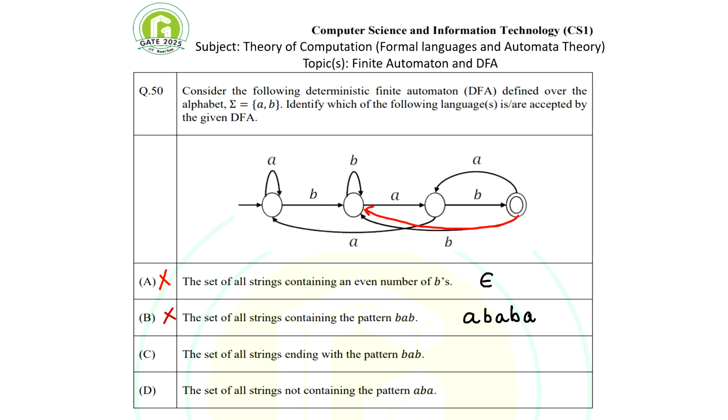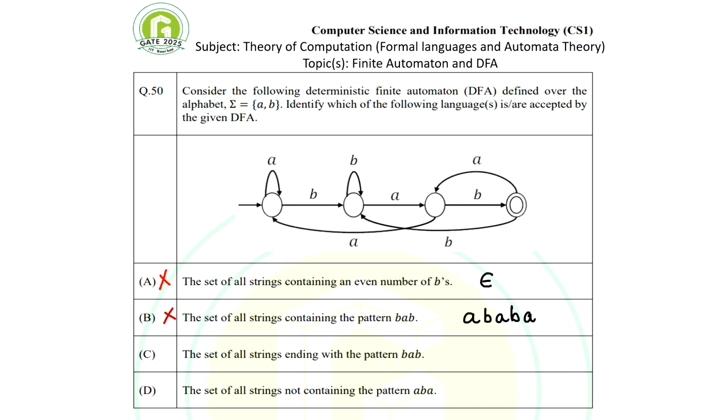And if you encounter an A, then you have remembered the pattern that it was B here. Now if you encounter A, you have to go back and get again B. Well, this might not seem completely intuitive at this point of time. So let us see option D. If you are able to refute that, then obviously option C is correct.